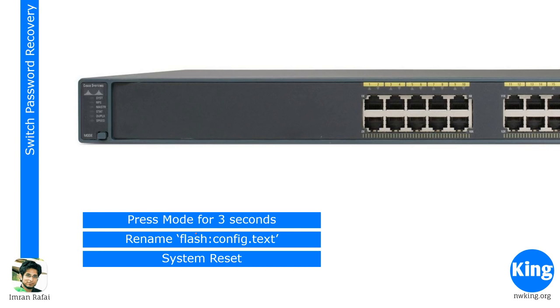Now how do we do password recovery for a switch? In a router there is a power switch where you can turn it off and on, but in a Cisco switch there's no power switch. So what we need to do is unplug the cable from the back of the switch and then reload it, or if you have access to privilege mode, you can just say reload.